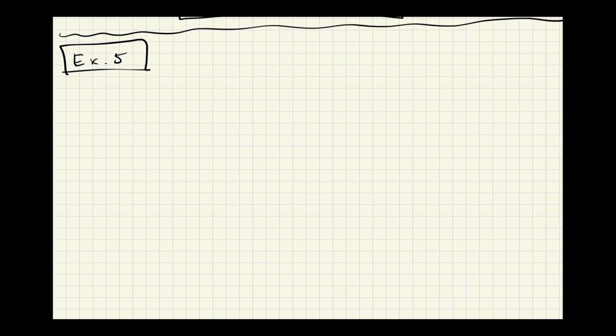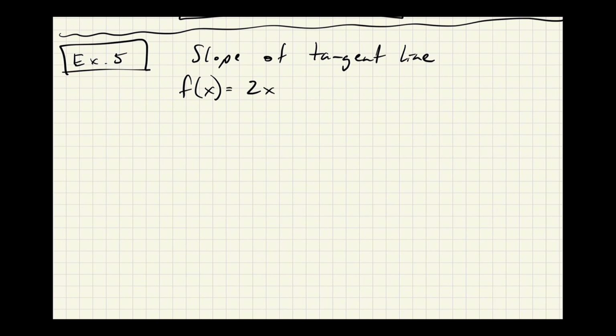Okay, so I want you to find the slope of the tangent line for f of x equals 2x squared minus 3 at the point 2, 5.